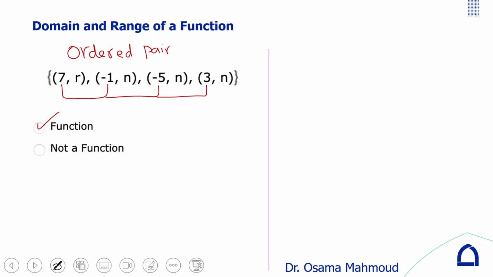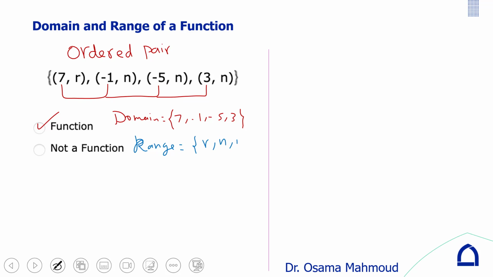If you would like to write the domain, the domain will be the elements to the left in each pair: 7, -1, -5, and 3. What about the range? The range is the element in the y coordinate place, which is R, and we found it repeated.